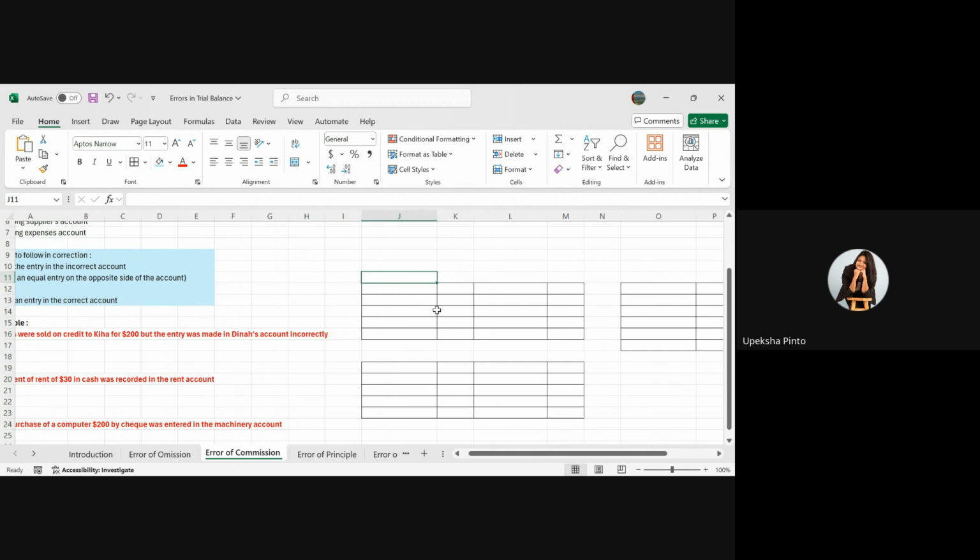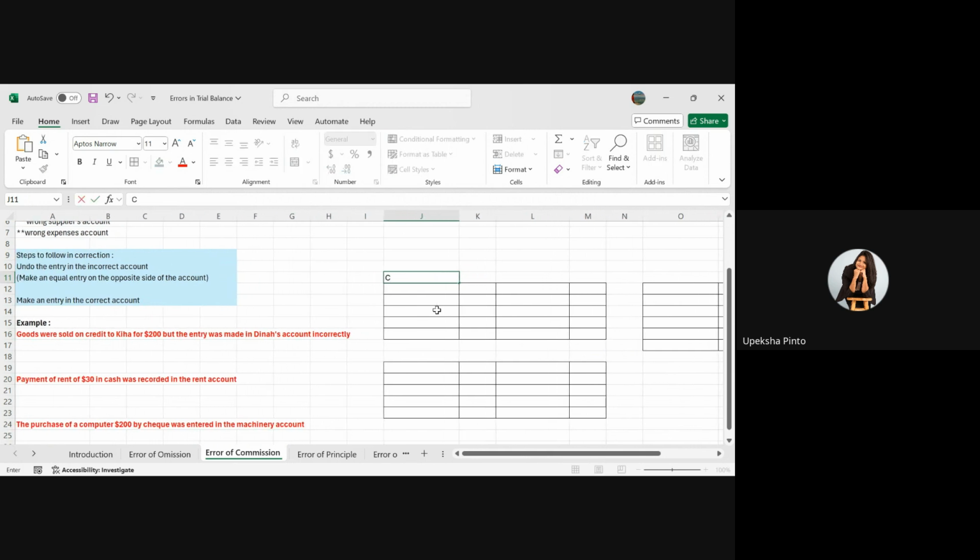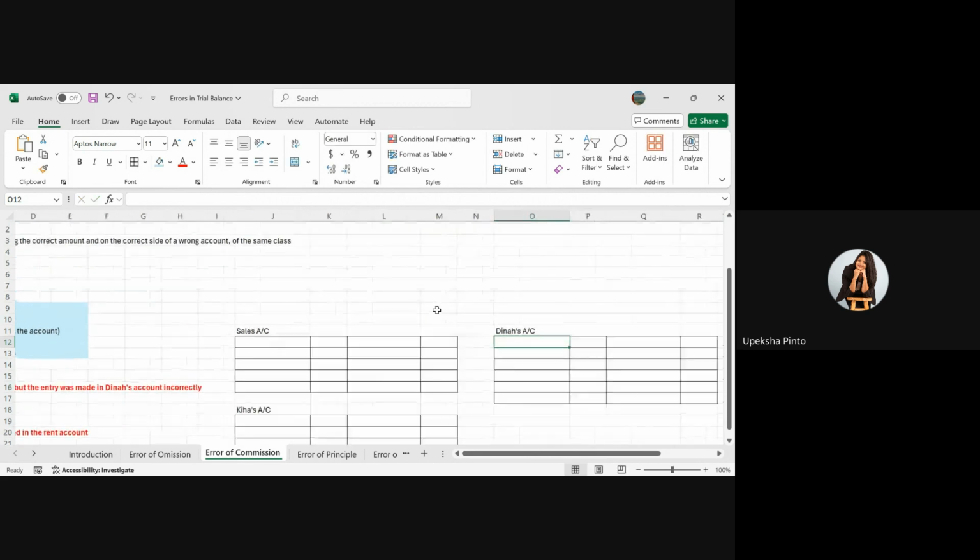The three accounts we need here are the sales account, the correct person, which is Kiha's account, and the wrong person, which is Dina's account. Right? This is the situation you have here.